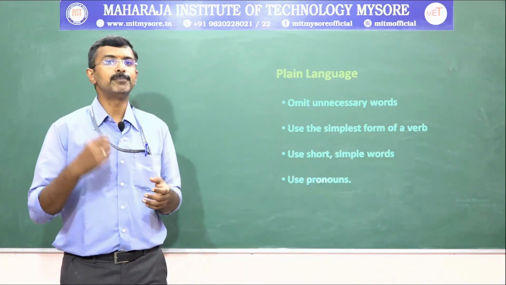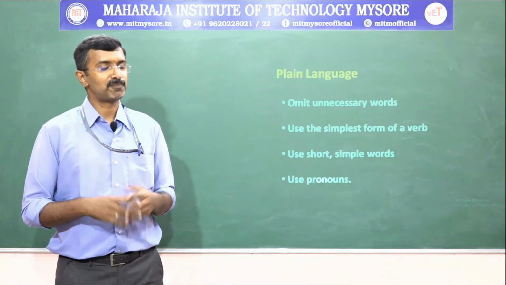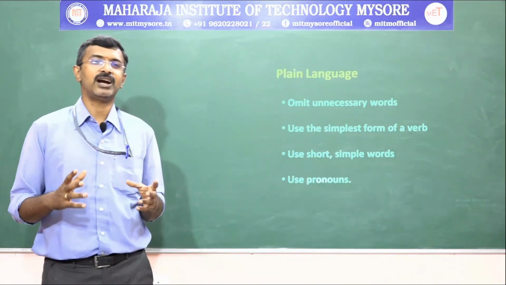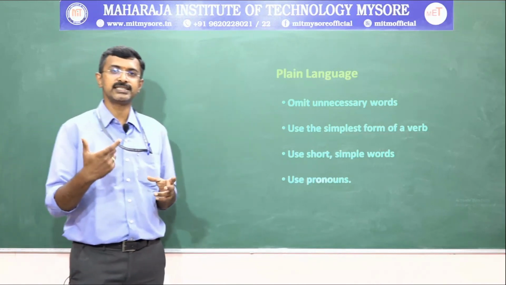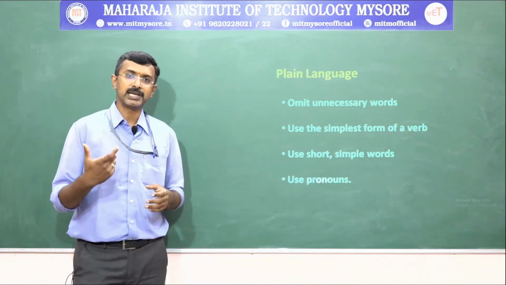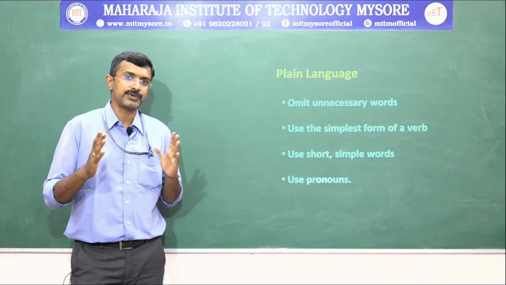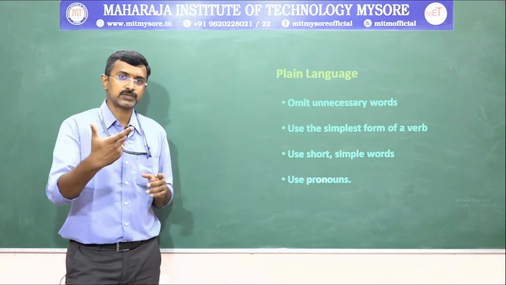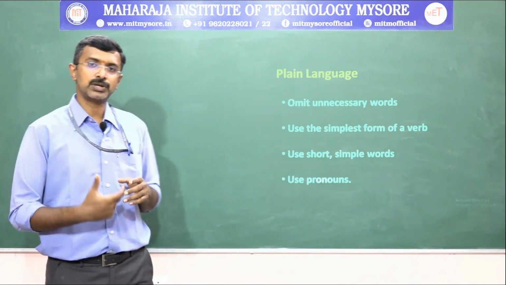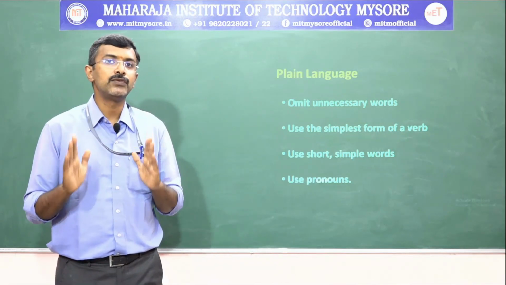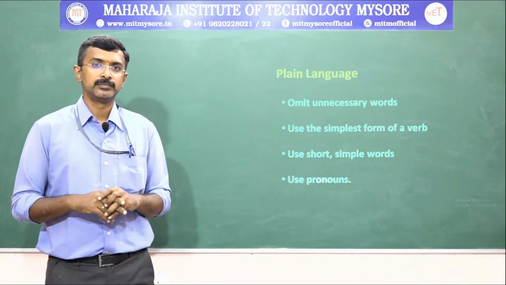Use short, simple words. Use pronouns. If you consider all these aspects when you design your application, the text and sentences you use will rightly give the right information to the user.